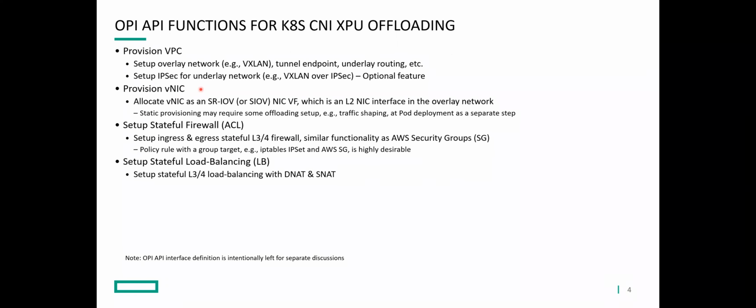So that's something we can define. But at the end of the day, that set of APIs needs to provide enough functionalities for setting up a stateful firewall or maybe load balancer, so that basically the CNI can use those features to offload the functionality required for Kubernetes.